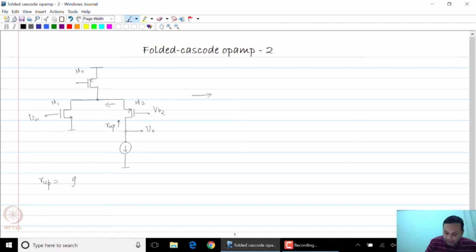So therefore you expect the impedance to be gm2 rds2 times Rx, if this node was node X, where Rx is of course the parallel combination of rds1 parallel rds0. So this is the impedance looking upwards at the drain of M2.